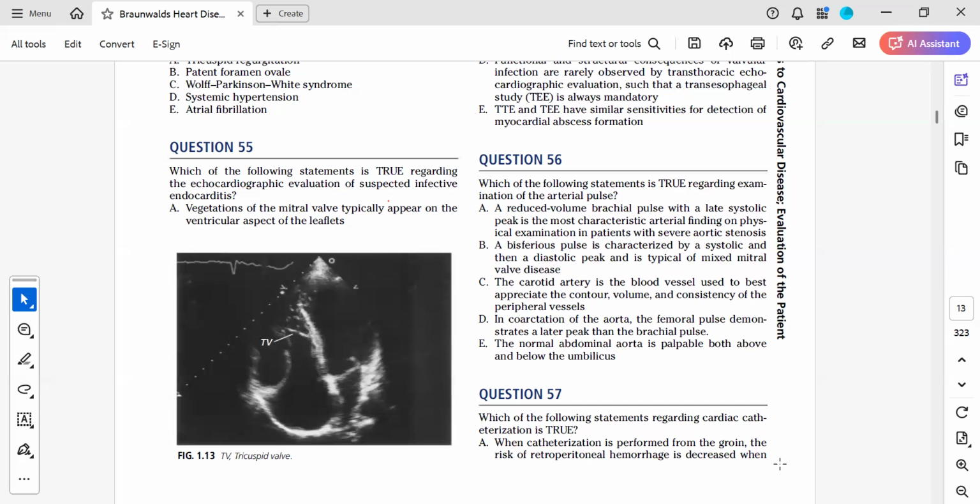When you were explaining, you mentioned that the bisferiens pulse has two peaks, one in systole and one in diastole. However, there are two different ones: bisferiens and dicrotic. With bisferiens, both peaks are in systole, and that occurs, as you said, in aortic regurgitation.